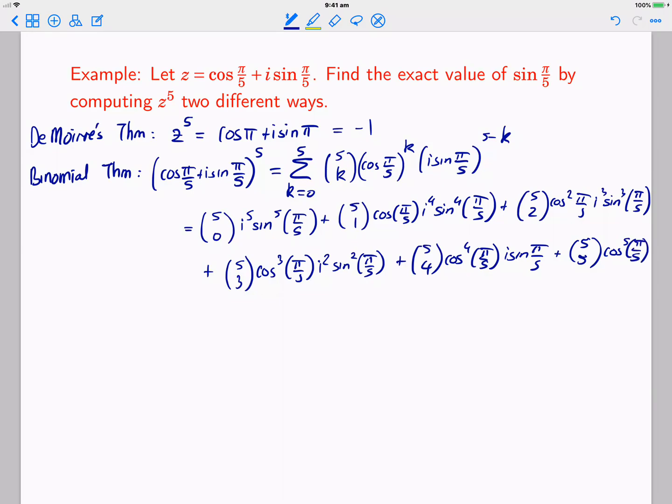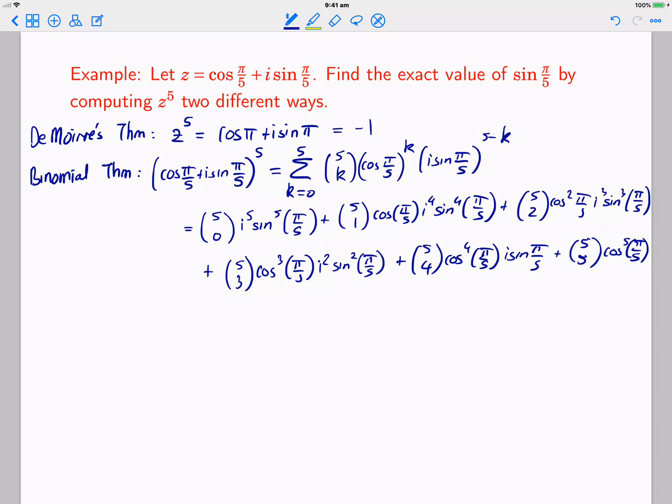So I just have 5 choose 5, cos to the 5, pi on 5. And I can simplify this, right? In terms of the choose calculations, I can just do that on my calculator. And in terms of the i's, I know i squared is minus 1, so i cubed is minus i, i to the 4 we know is 1, and i to the 5 is just i. I think we spoke about that at the very beginning.